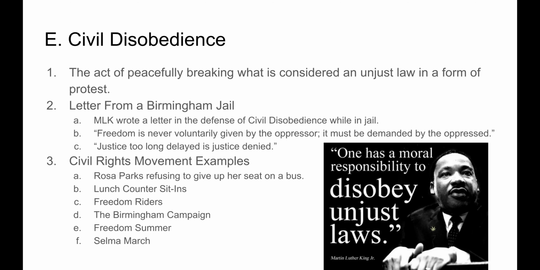So all these things hopefully are familiar to you from your U.S. history course last year, but they're all prime examples in small and large ways of civil disobedience, which, again, Martin Luther King argued in support of with his Letter from Birmingham Jail. And again, we'll take a closer look at that in class.